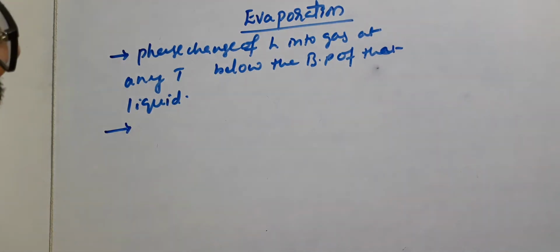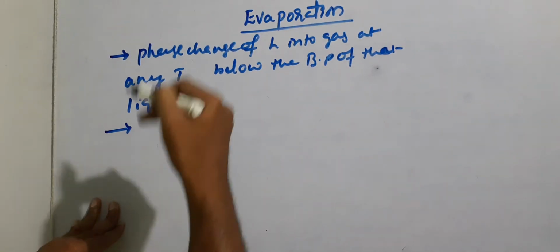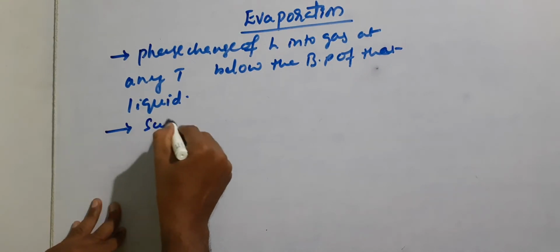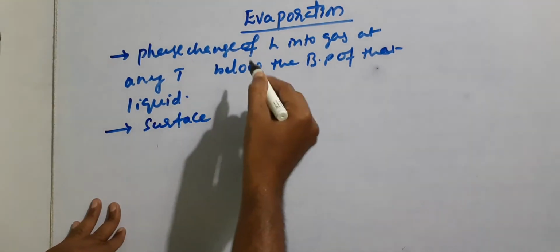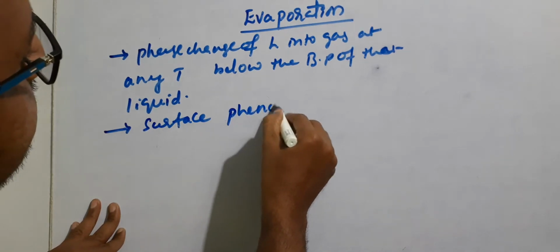So during evaporation, the molecules from the surface of the liquid will escape into air. That is why evaporation is a surface phenomenon.